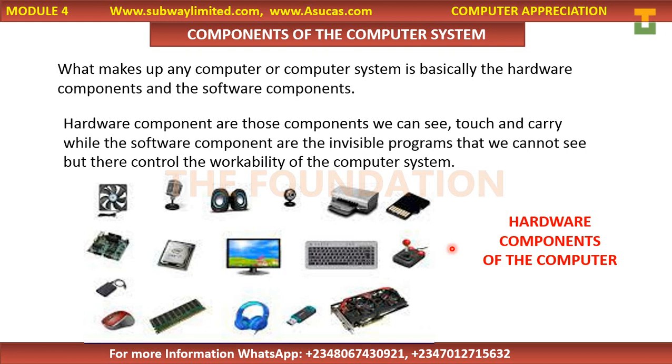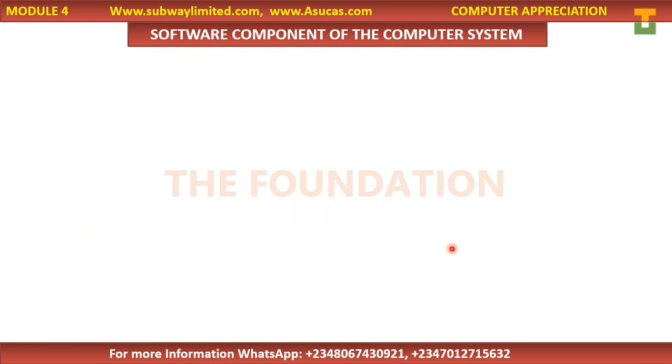Those things we can see, we can touch, you can feel them, so they are visible for you to see. So those components of the computer that you can see, you can touch, they are called the hardware components of the computer, and they are parts of your computer system.